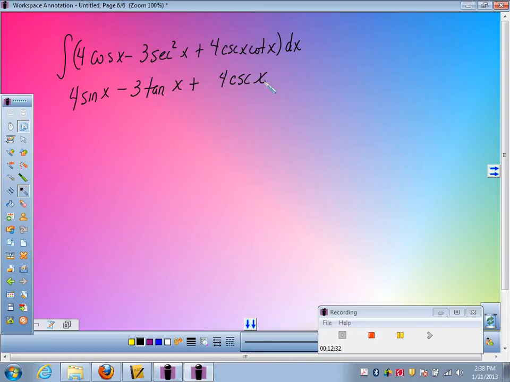It's a co. It needs to have a negative, or in other words, it needs to change sign. So instead of a plus, it should actually be a minus 4 cosecant. And then throw your plus c on the end. Are we done? I need to run a couple others at you here. Yes, we're done with that one.